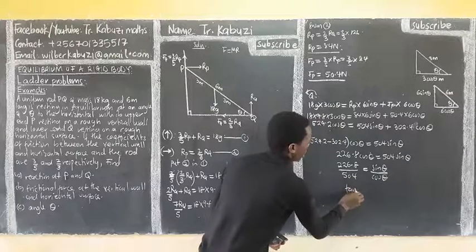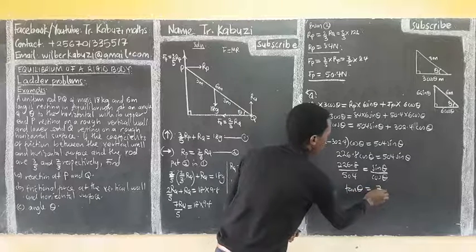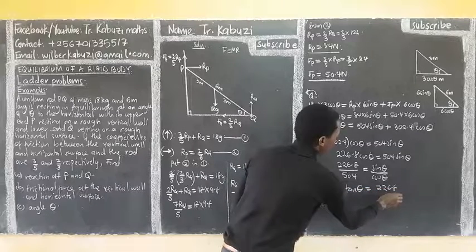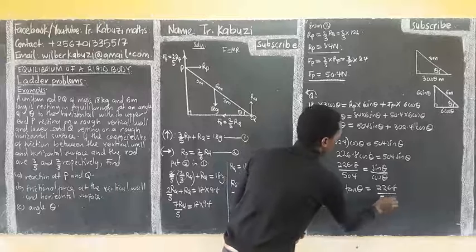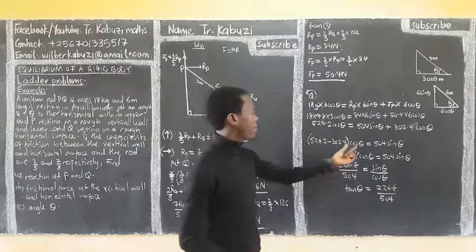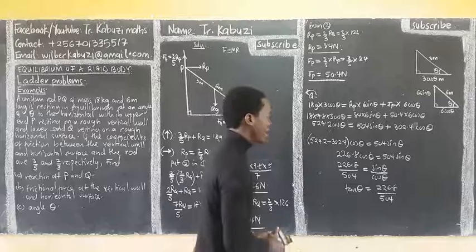So our tan theta is going to be 226.8 all over 504. From here, you can get to this step and you get our theta.